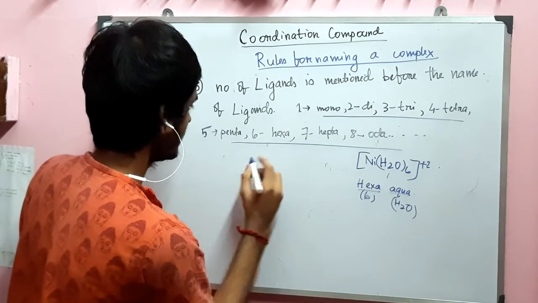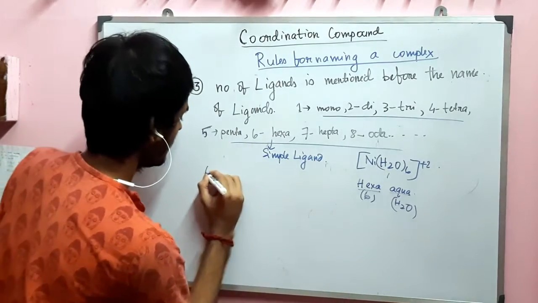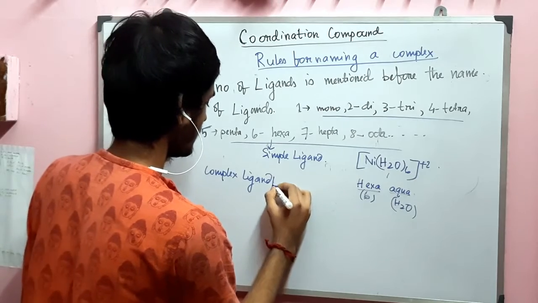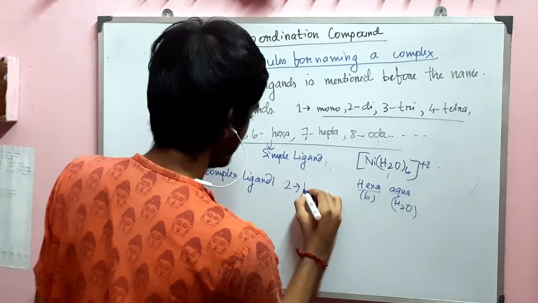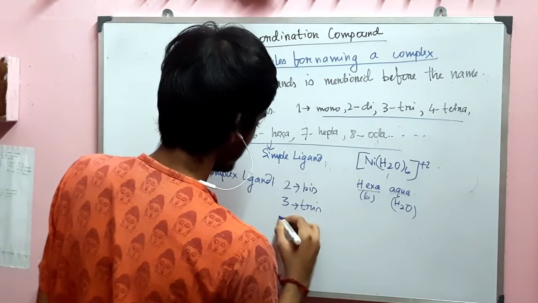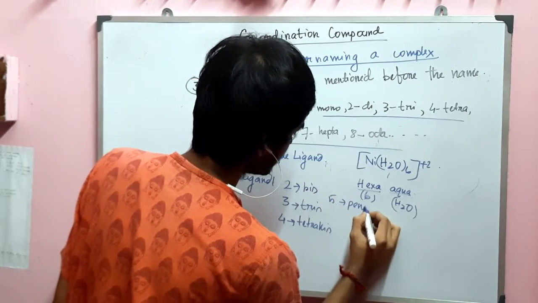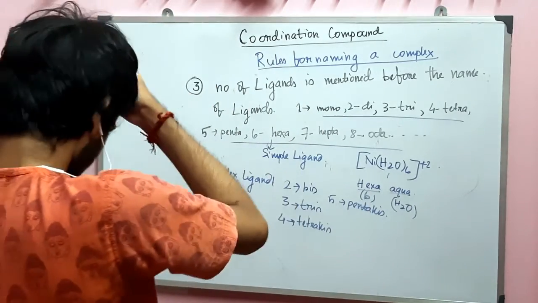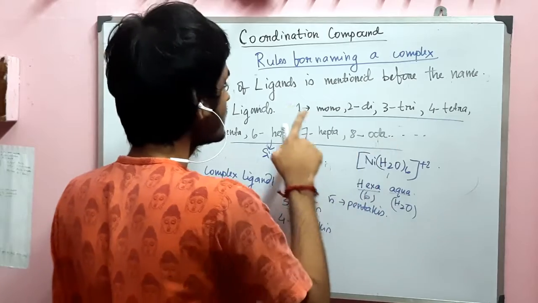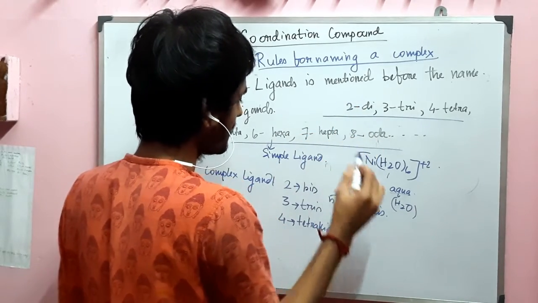This is for simple ligands, and for complex ligands, two is bis, three is tris, four is tetrakis, five is pentakis, and six is hexakis. Sorry, if one ligand is present, there is no mention of mono before the ligand.